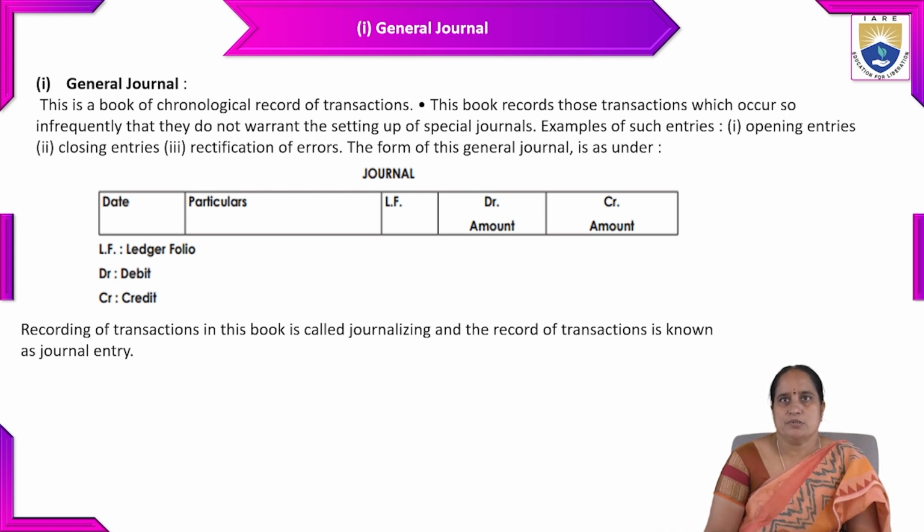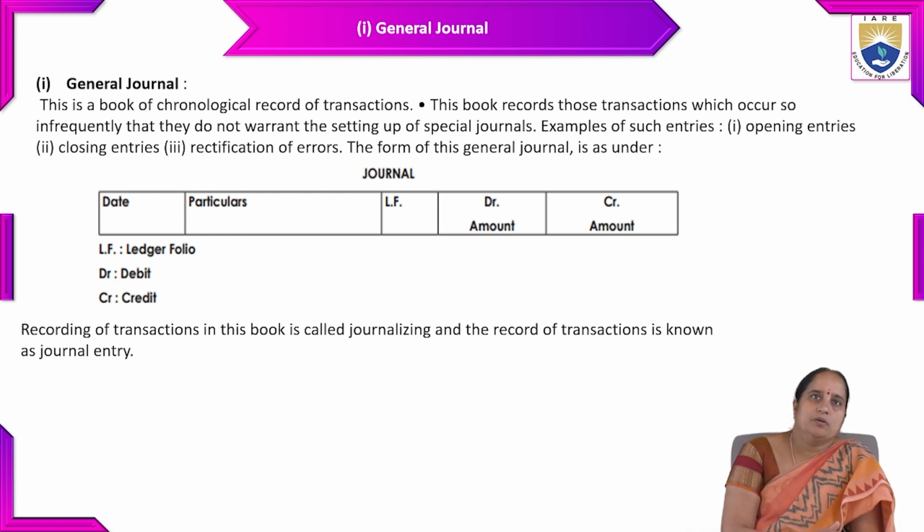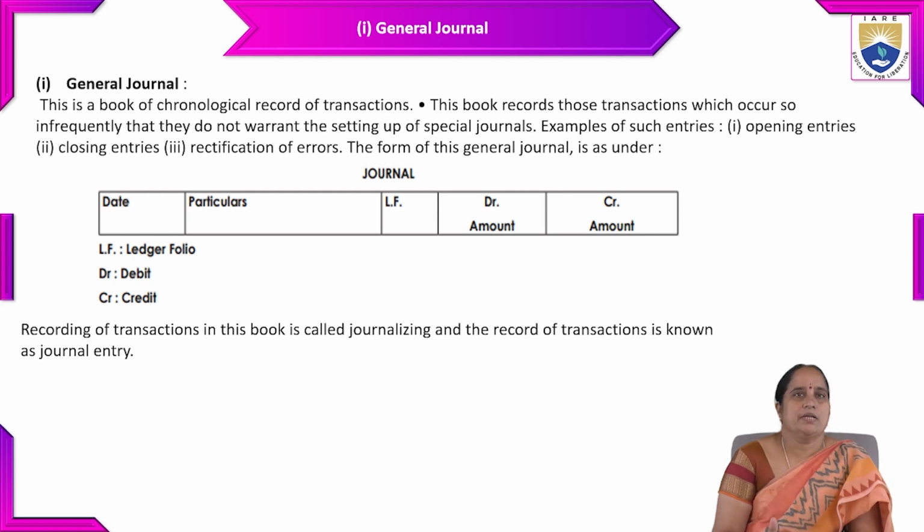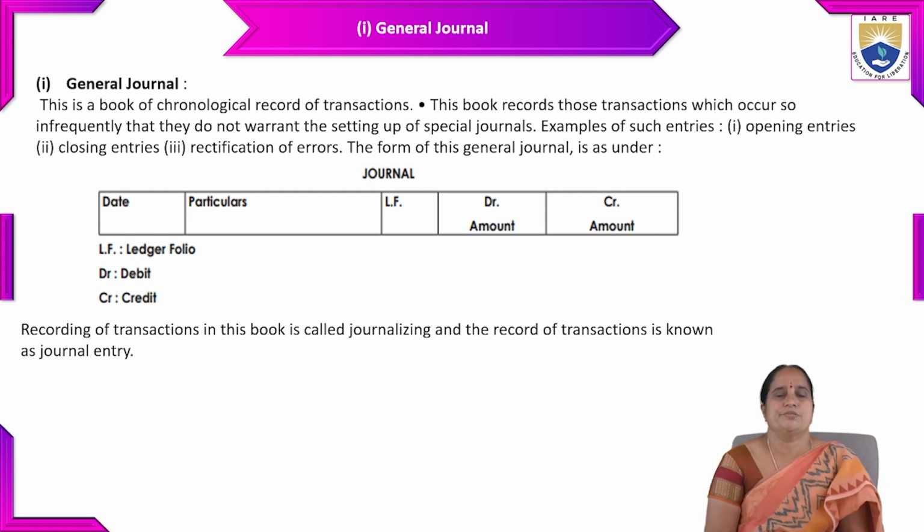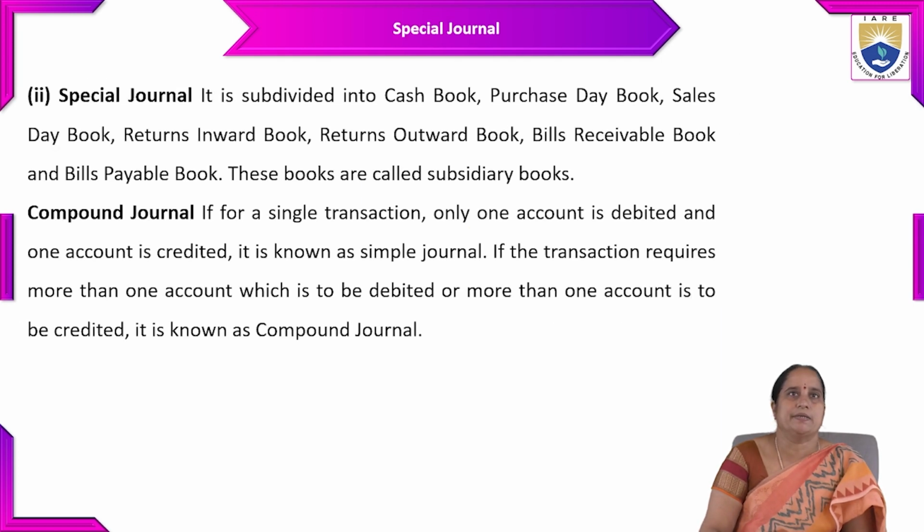The form of this journal is as under: date column, particulars, ledger folio, debit amount and credit amount. Where LF stands for ledger folio, it indicates the page number in the ledger, and Dr denotes debit and Cr denotes credit. Recording of transactions in this book is called journalizing, and the record of transactions is known as journal entry.